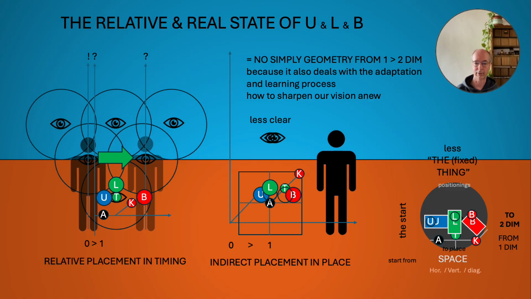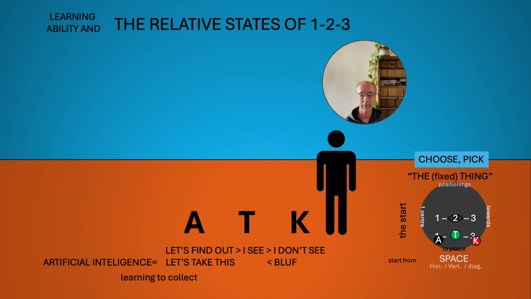How can I sharpen it? I want to know, and that learning process will be important. And how that works, I will come to next. But before I do that, I will also tell you about a mindset of the first level, which is very often practiced, and what I see a lot of times is that mindset of 1, 2, 3.